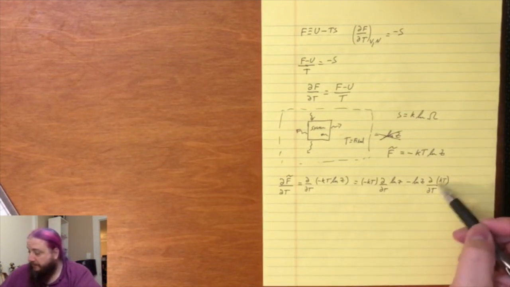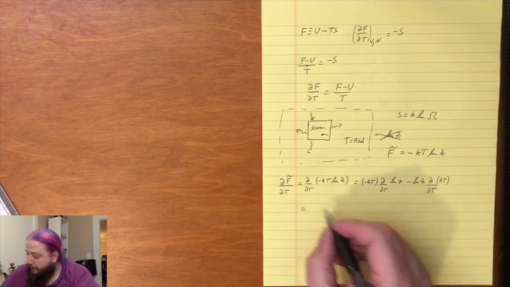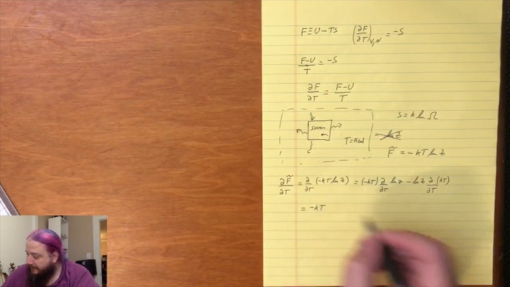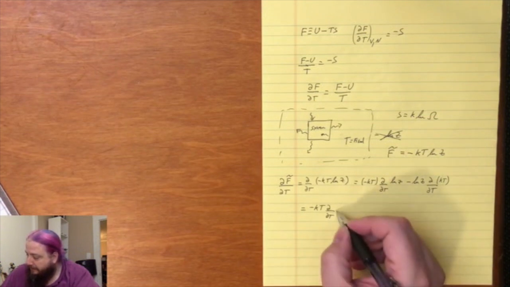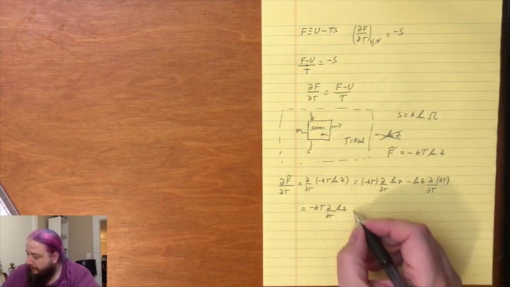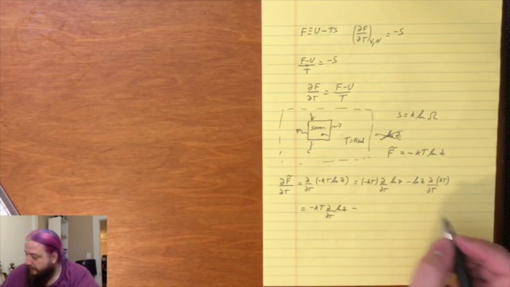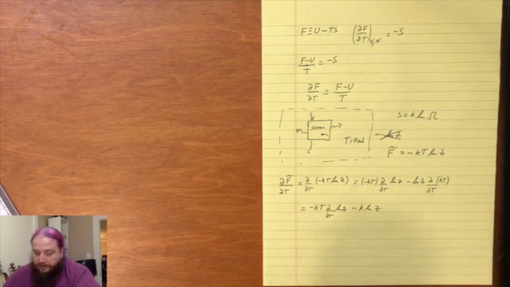So the derivative of this is just going to give us a k, so this is going to be equal to minus kT d by dT of log Z, and then this is going to just be minus k log of the partition function.